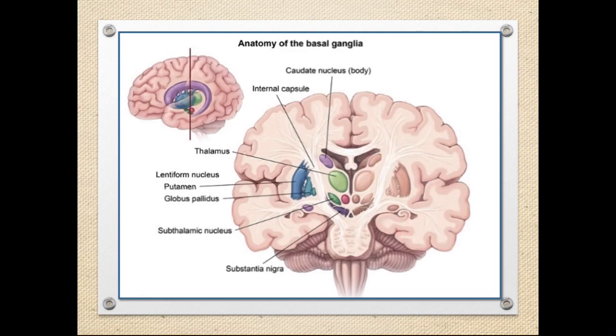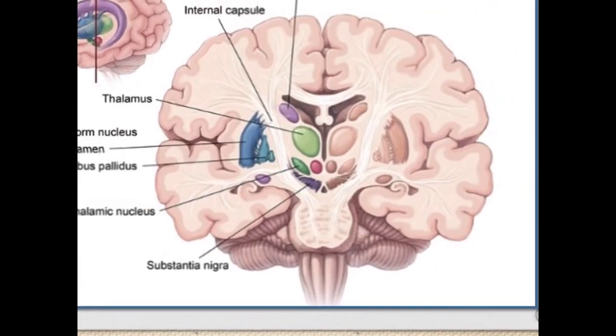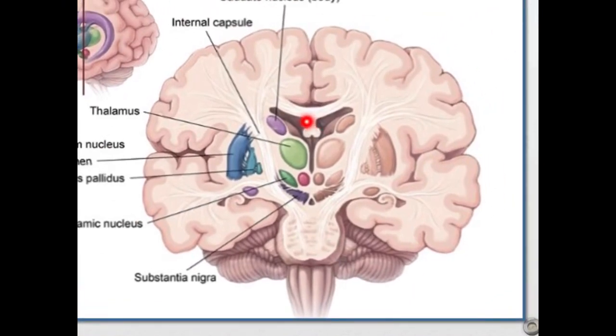So, if we zoom in on this diagram, these two things are the lateral ventricle and this one is the third ventricle. The second striking feature of this diagram is these white fibers, white tracts.